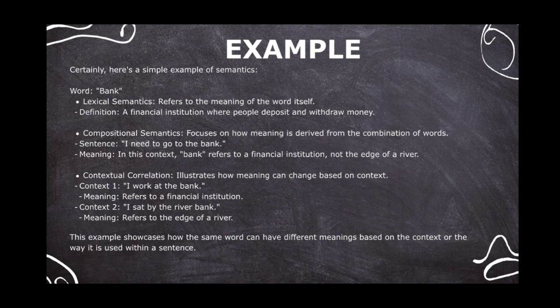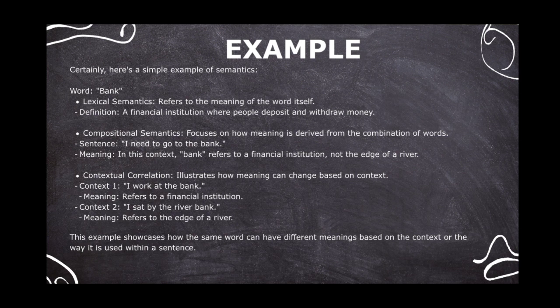From the compositional semantics, it focuses on how meaning is derived from the combination of words. We take it from the sentence, I need to go to the bank, which has the meaning in this context: bank refers to a financial institution, not the edge of the river.